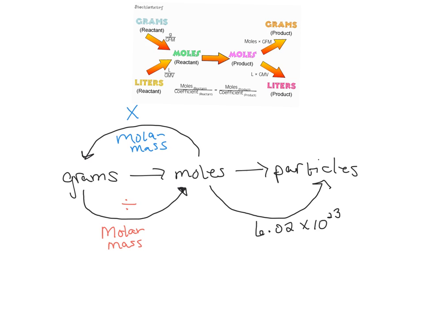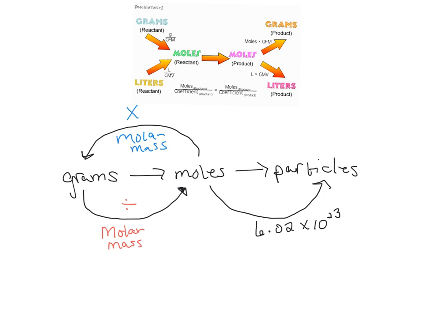And it could be particles, molecules, ions. It could be many things. Just like you can have a dozen basketballs, or a dozen cookies, or a dozen of anything. So anytime you hear molecules, particles, atoms, whatever, it's referring to the same conversion unit using Avogadro's number.